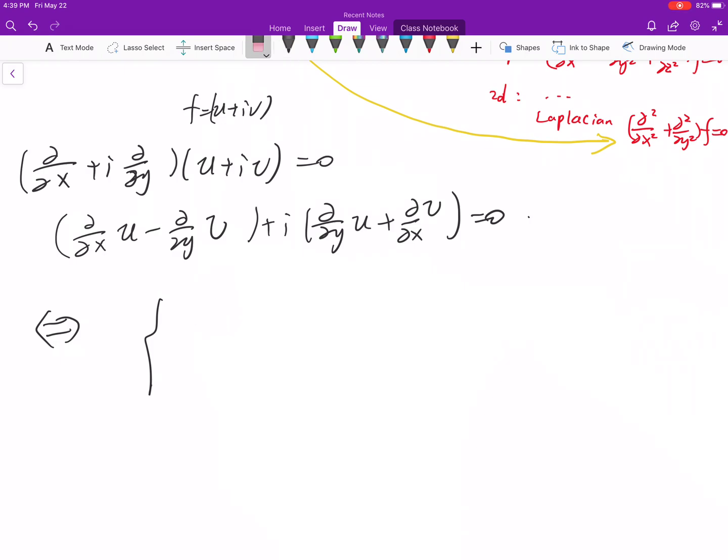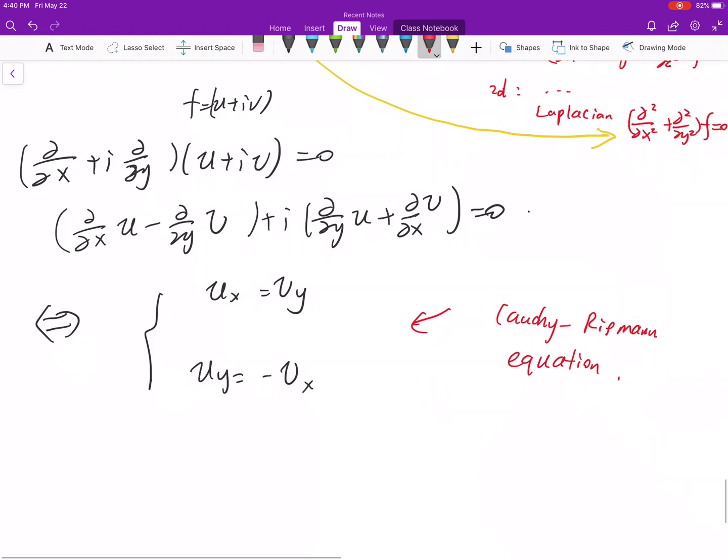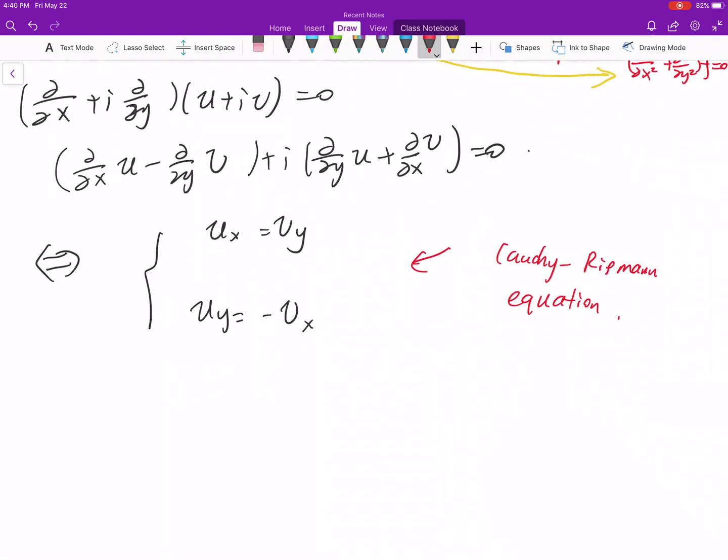Or I would like to write it this way: u_x is v_y, u_y is negative v_x. So this is also called the Cauchy-Riemann equation, just the Cauchy-Riemann operator acting on functions in components.